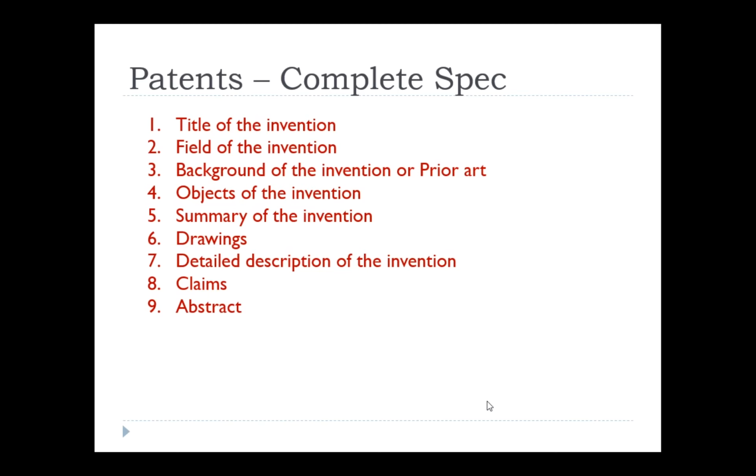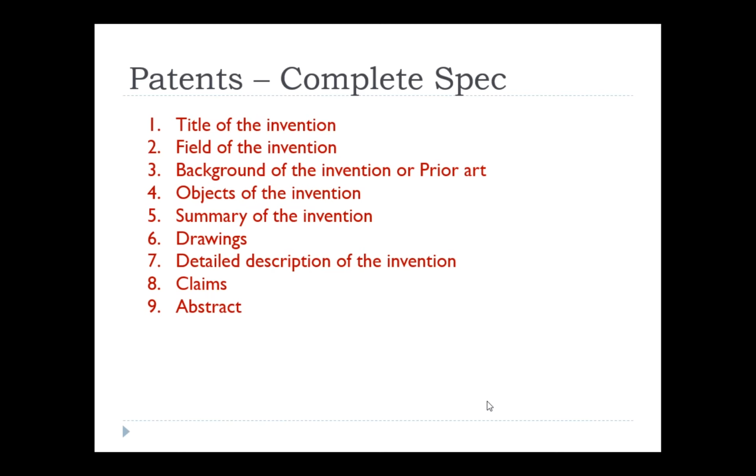Background does not mandatorily have to be the prior art, but even prior art can be the background of the invention. Please be clear about it. In background, you can even include your own ideas. You might be inspired from one particular invention or from a journal or anything, and you might come out with your own ideas from that.